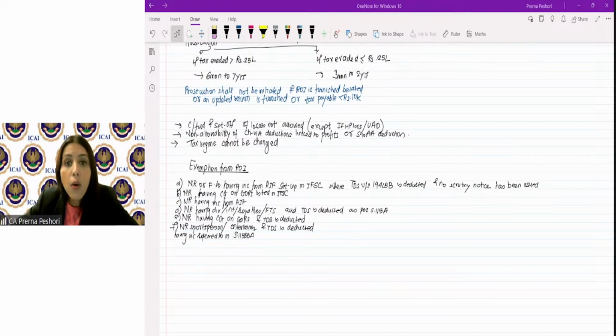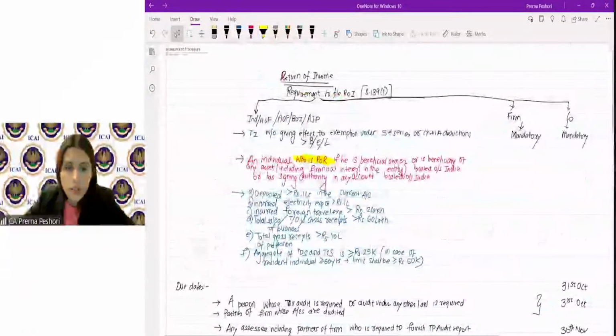Now this is 139.1. Now for the charitable trust, they are also required to furnish the return of income if the total income exceeds the basic exemption limit. So you can write it here.